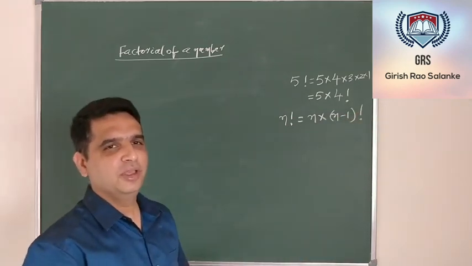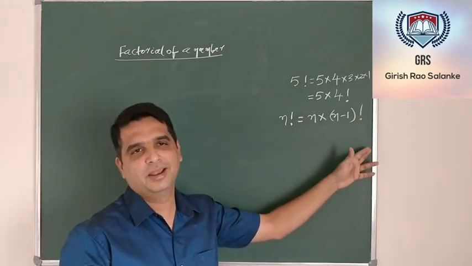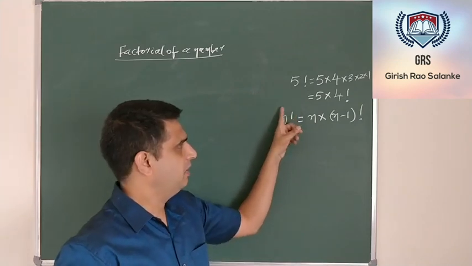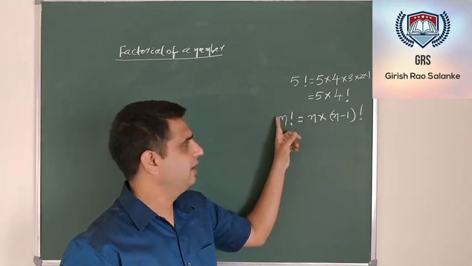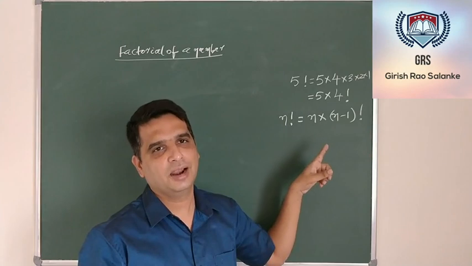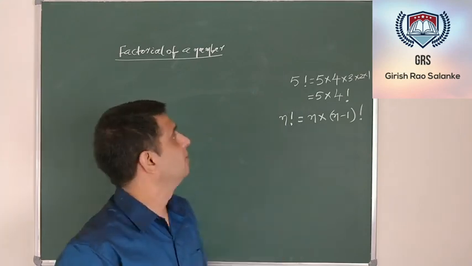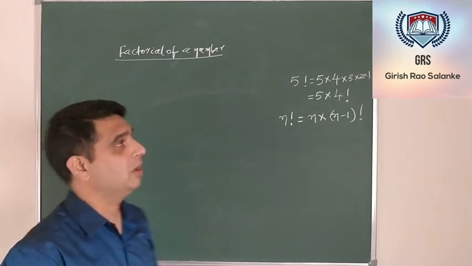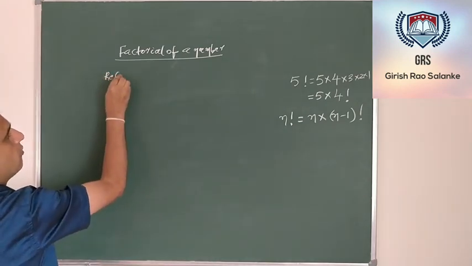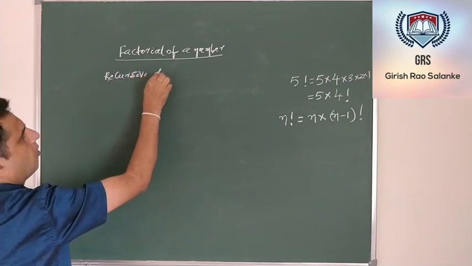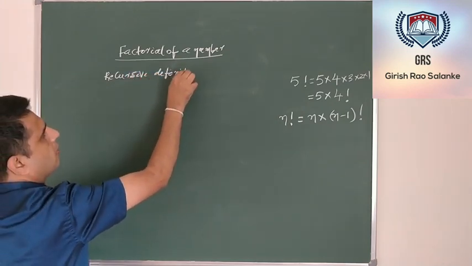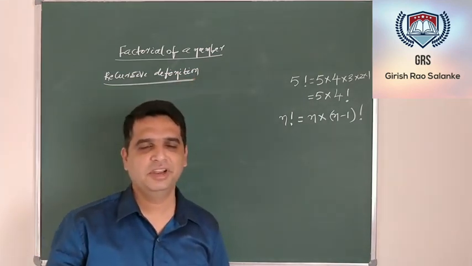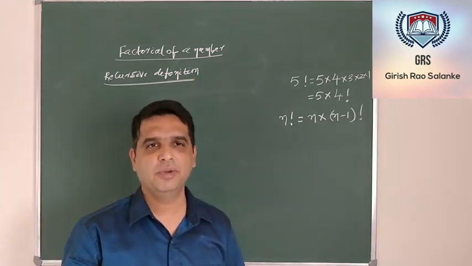Now my objective is to find the factorial of a number, and I am expressing the factorial of a number in terms of the factorial of another number. So if I want to come up with a recursive definition for the factorial, as I told earlier, every recursive definition should have a base case.